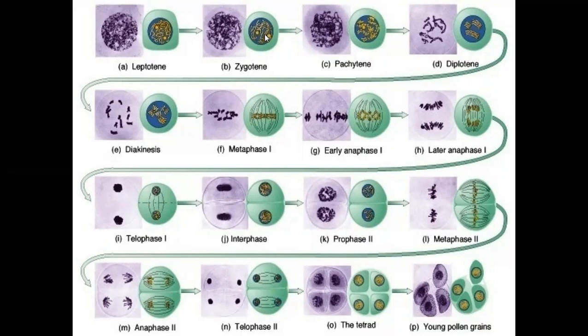Of these two chromatids, one chromatid came from one parental generation, and the other chromatid came from the other parental generation. So these are called non-sister chromatids.